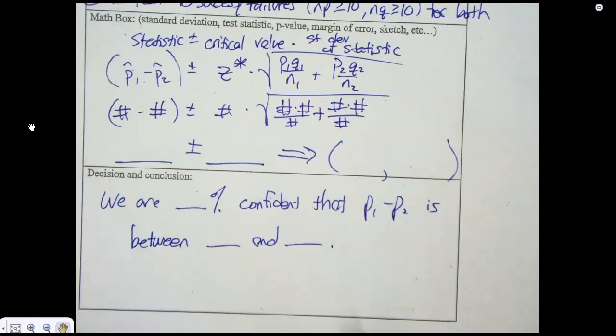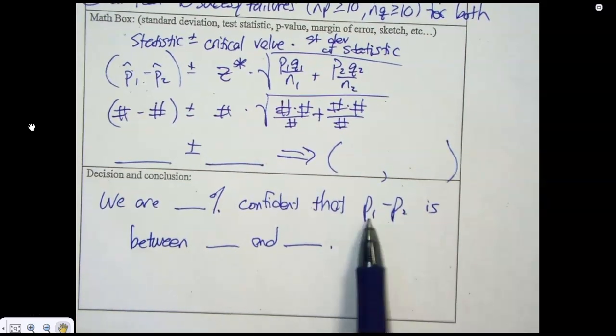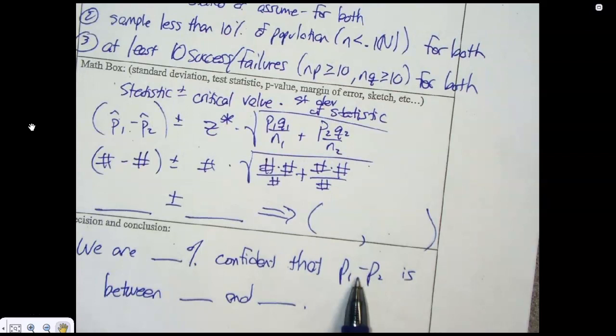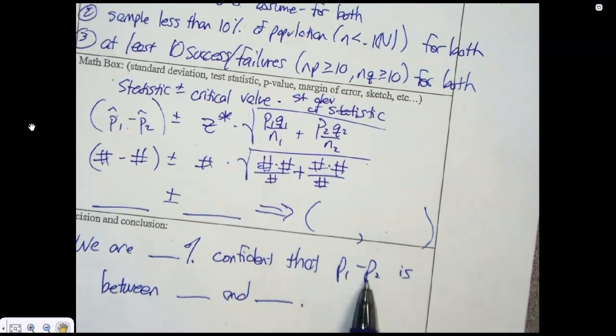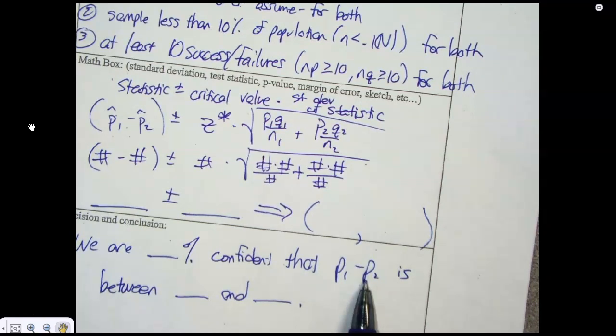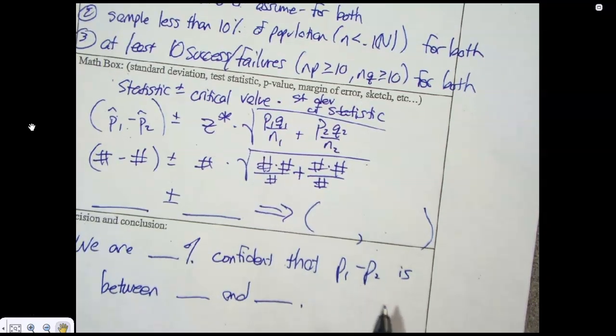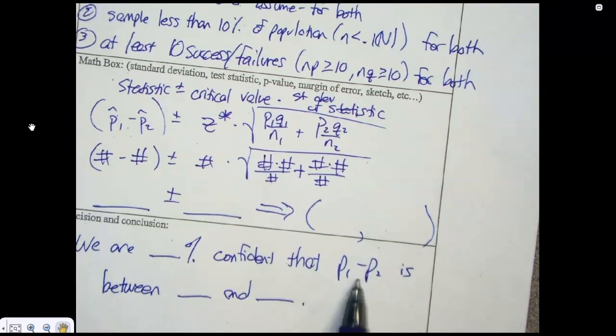And now you have to have context in your answer. Some people are like, wait, there's no context there. But there is, because I labeled P1 with context, and I labeled P2 with context. Does that make sense? It's just less writing if you do it this way.